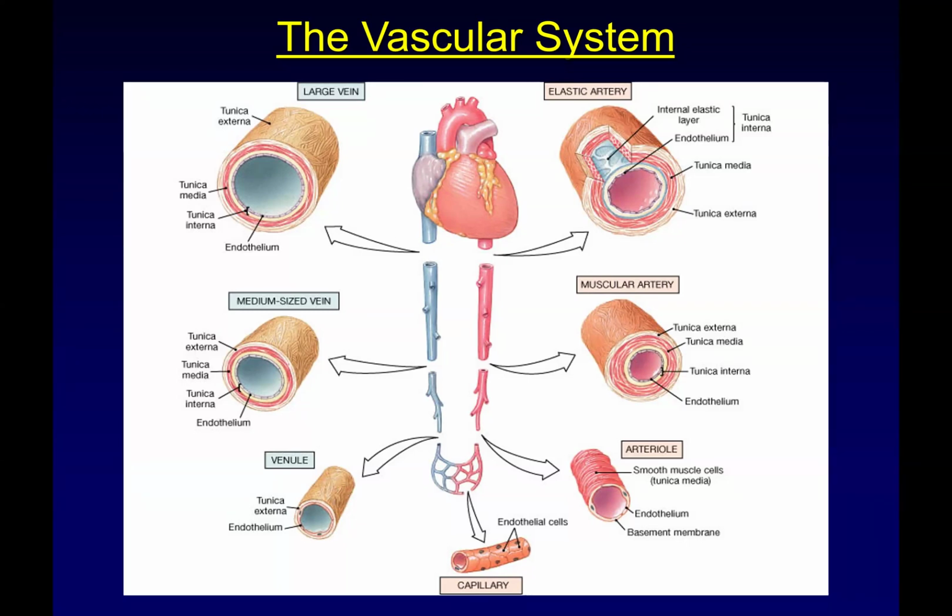So here's a large conduit artery, arterioles, capillaries, venules, veins. Blood is leaving the heart out towards the tissues, right next to and adjacent to the tissues, bringing it back up to the heart.